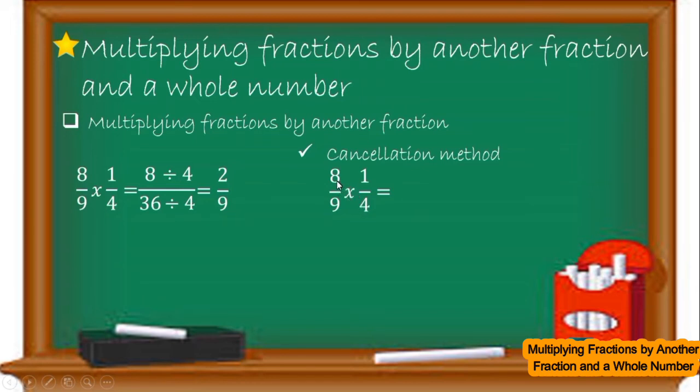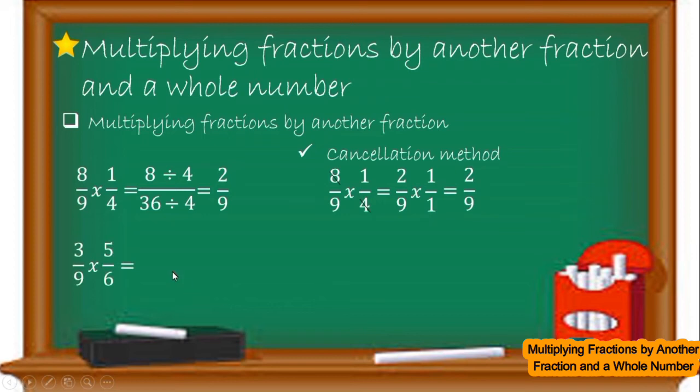So 8 divided by 4 and 4 divided by 4. 8 divided by 4 is 2 and 4 divided by 4 is 1. So our fraction is 2 over 9 times 1 over 1. Then multiply. 2 times 1 is 2, 9 times 1 is 9. So the answer is 2 over 9.